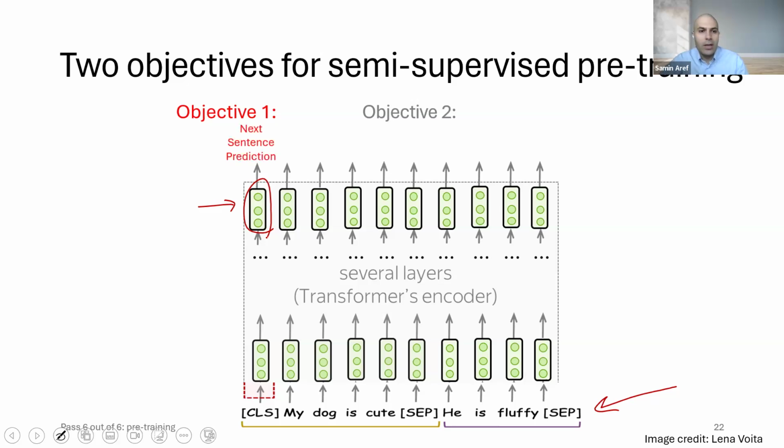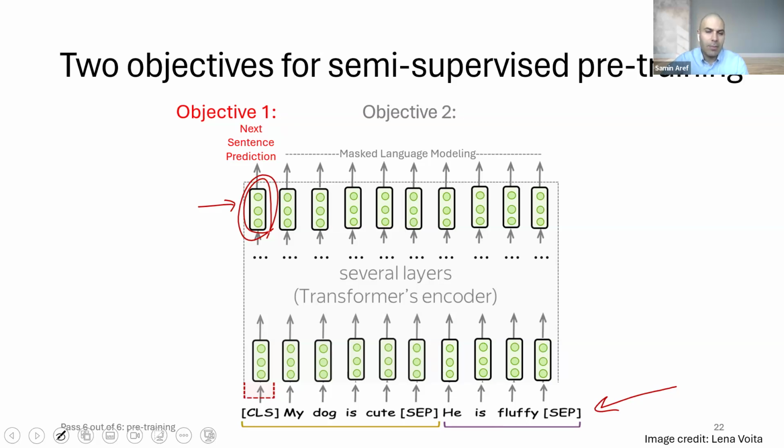Objective 1 is called next sentence prediction, and for it, as I said, we only focus on this vector. Objective 2 is masked language modeling, and for that, we use vectors other than the very first vector.